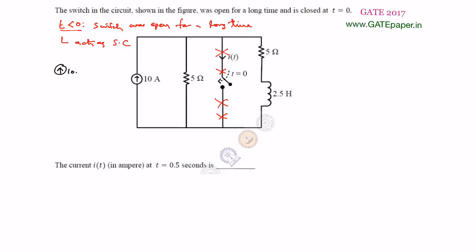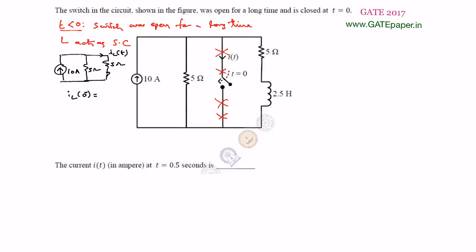A 10 ampere source is flowing into 5 ohms as well as one more 5 ohms with the short circuit of the inductor. So this is 5 ohms, this is 5 ohms, and the current flowing through the inductor is IL of t. So IL of 0 minus, that is just before closing the switch, by that time the inductor has reached the steady state and is acting as a short circuit.